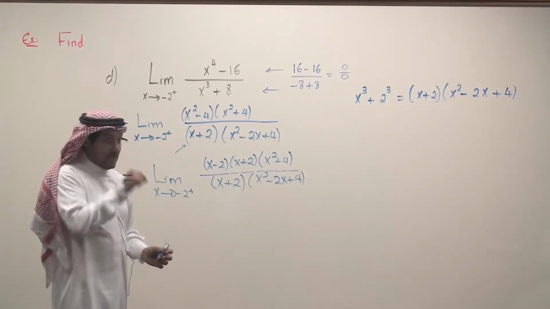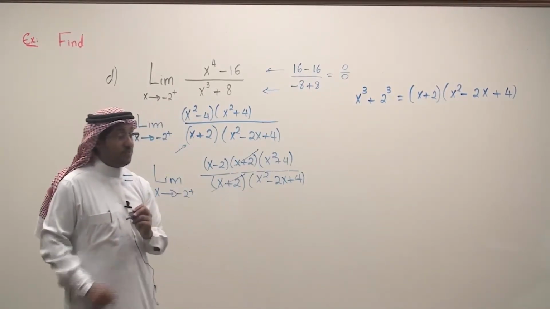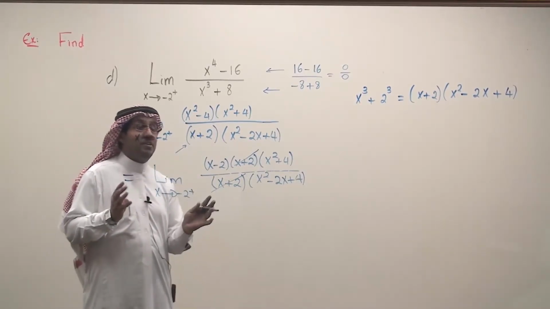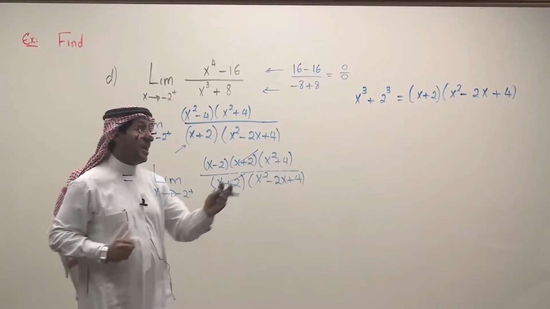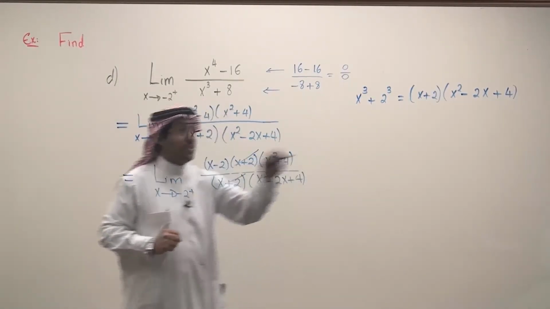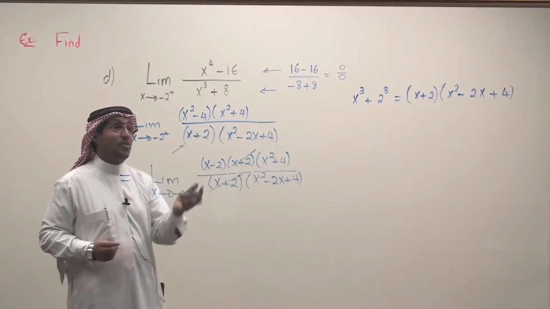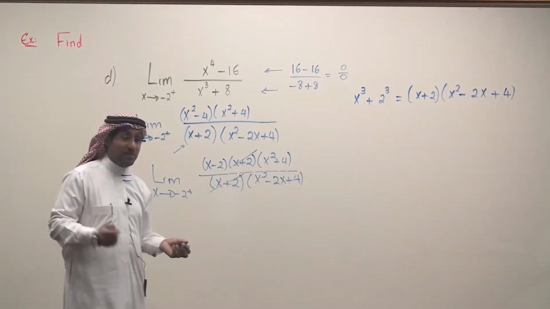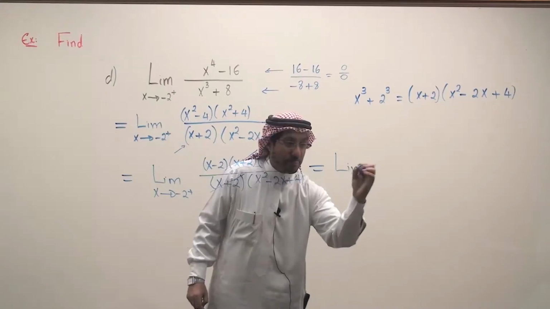All right, I can now cancel this with this one. Here remember, we factored things because we have a problem in the denominator. We have a form of 0 over 0. If we hadn't had this form, then we wouldn't need any factorization here.